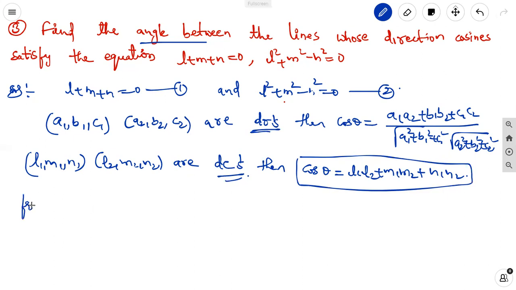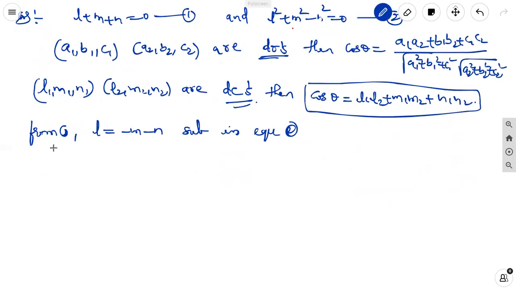Here, from 1, l is equal to minus m minus n, substitute in equation 2. In the place of l, we write (minus m minus n) whole square plus m square minus n square equal to 0. Here minus is taken common, then minus 1 whole square becomes plus.